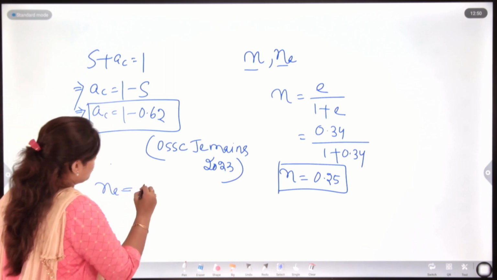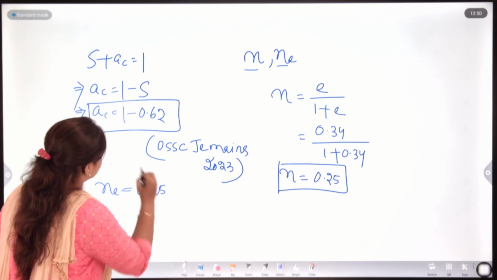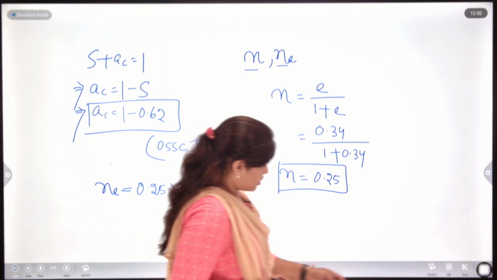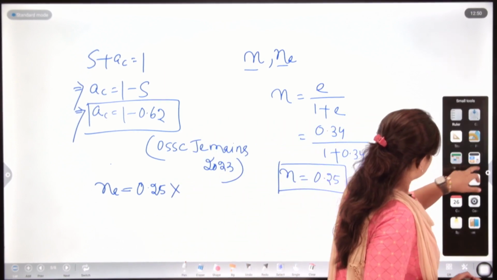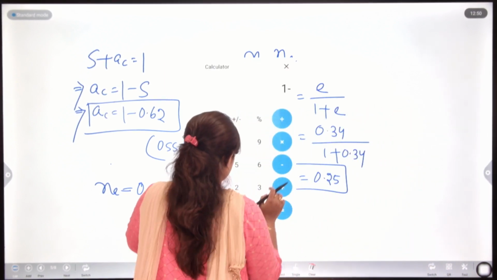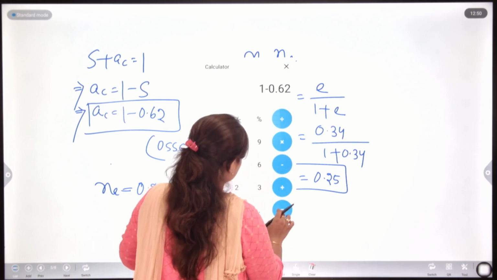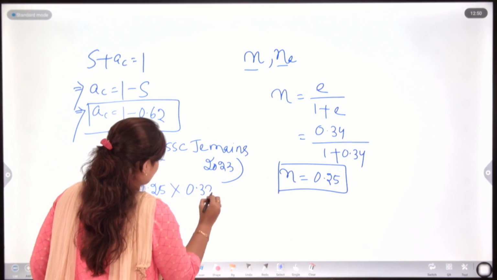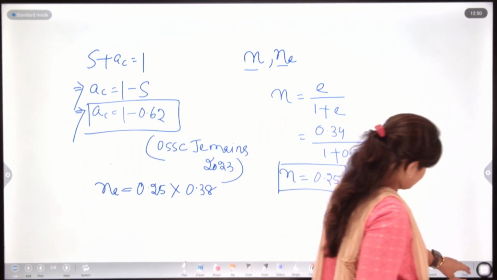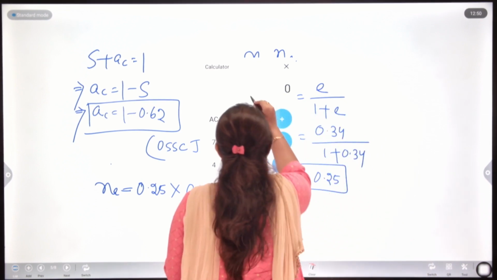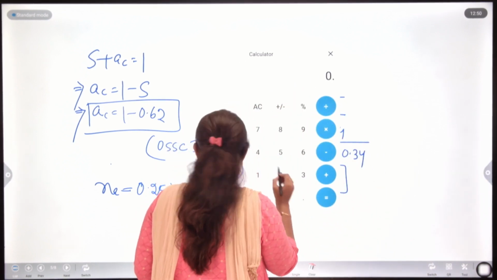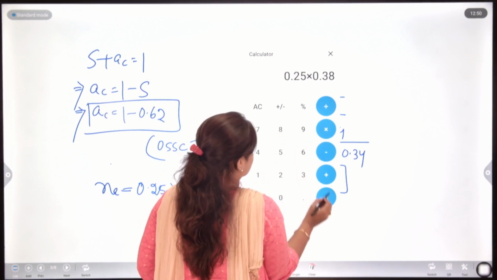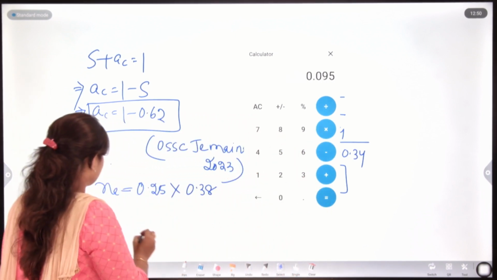We know from the formula that 0.25 multiplied with air content, that is 1 minus 0.62, which is 0.38. So, 0.25 multiplied with 0.38 is 0.095.